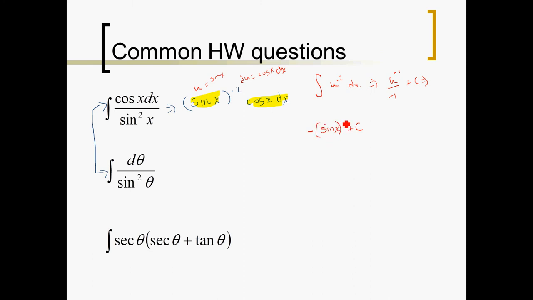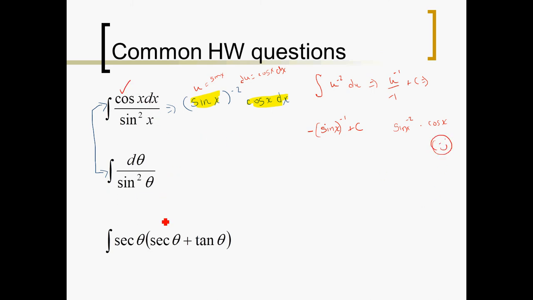Forgot my -1, didn't I? How can I check my work? Take the derivative. What is the derivative of negative sine to the -1? That's positive sine x to the -2 times the derivative of sine. And of course, that's what I have here.